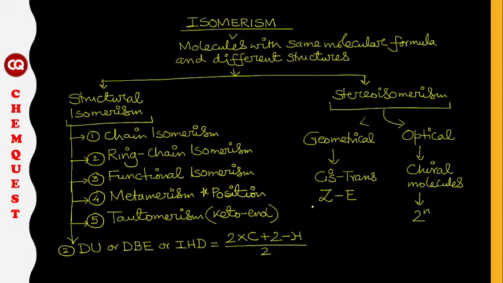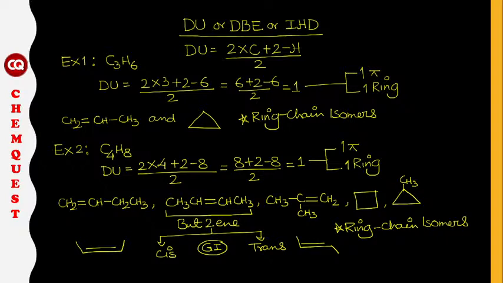Today we have already discussed the geometrical part also. The second one, DU, DBE or IHD part, in which we have already discussed the number of pi bonds and rings present in the open chain and the cyclic part.